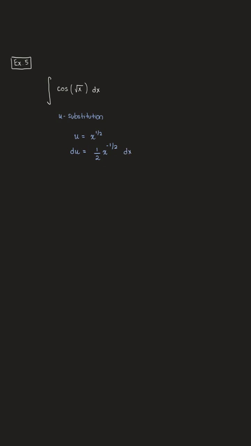So I'm going to rewrite this a little bit before I write the integral in terms of u. I'm going to write this as 1 over 2 root x, because x to the -1/2 can be brought down to the denominator as the square root of x dx. And since I want to substitute that dx, I'm going to solve here for dx and write that dx is going to be equal to 2 times the square root of x du.